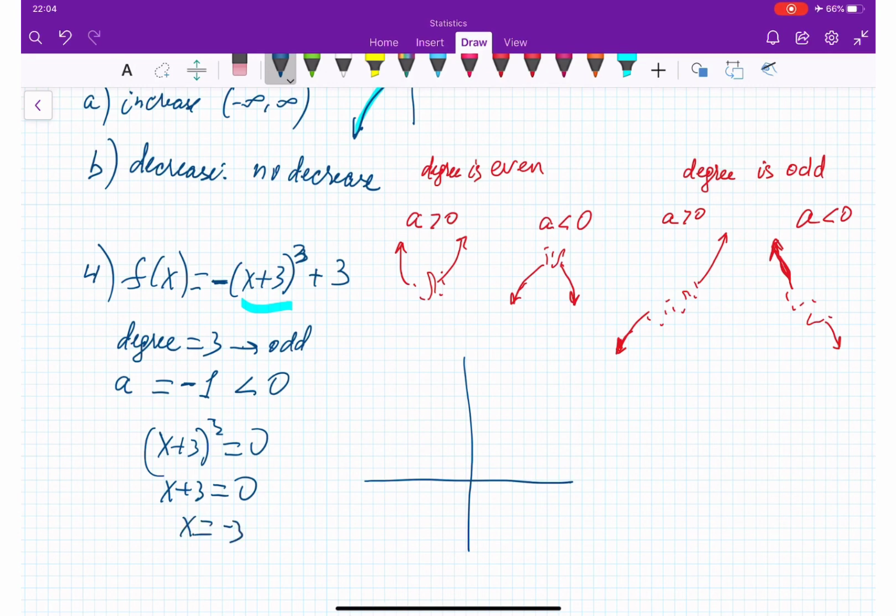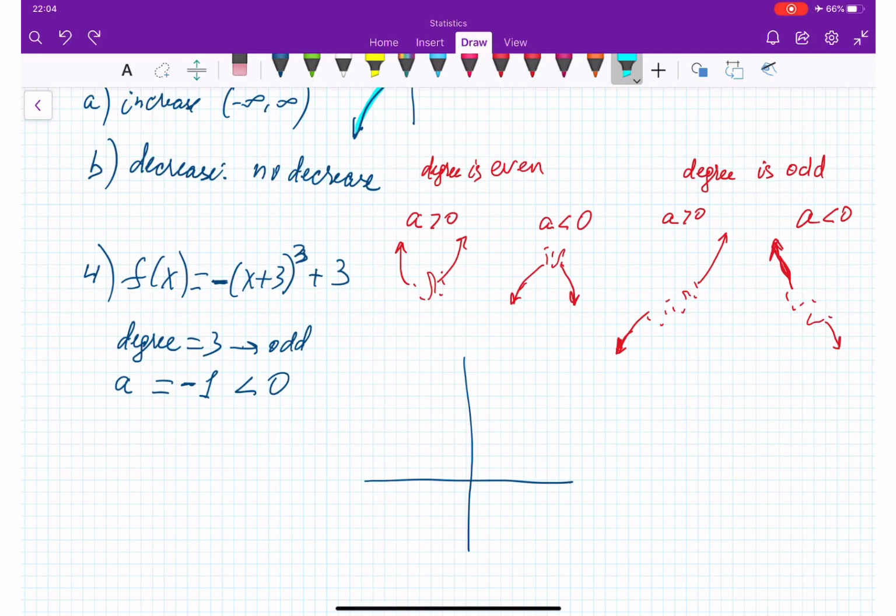So what do we see? While here we have positive 3 for x, we end up shifting by negative 3. It's always going to be like that. So you're always going to shift x towards the opposite sign, okay? But not y. Y is going to be moving up and down the way it's given. Okay, so this graph, where is our x?